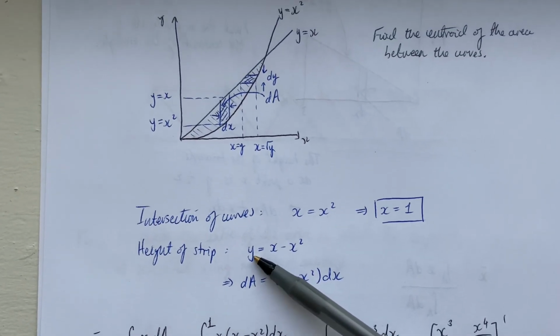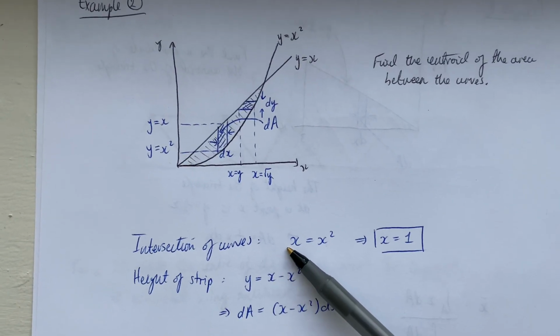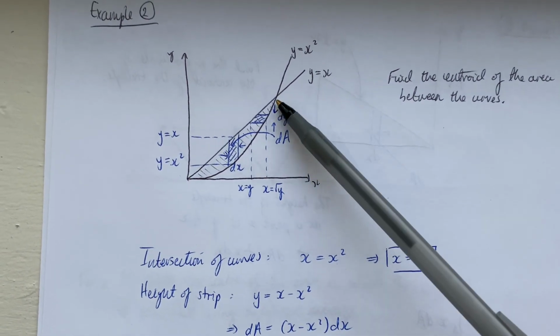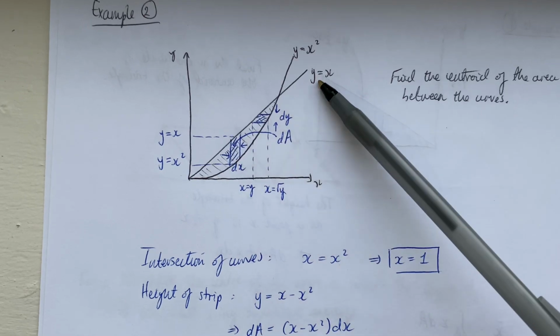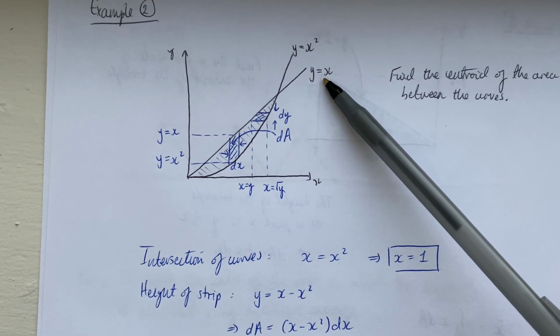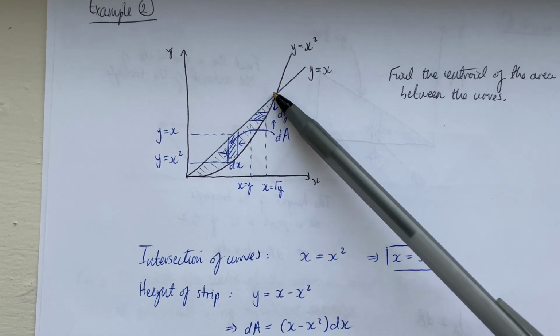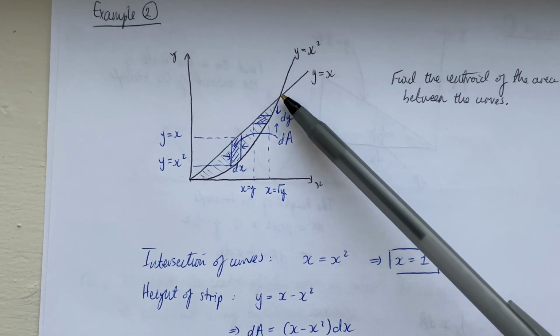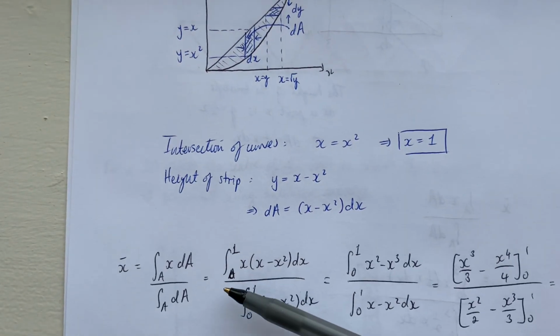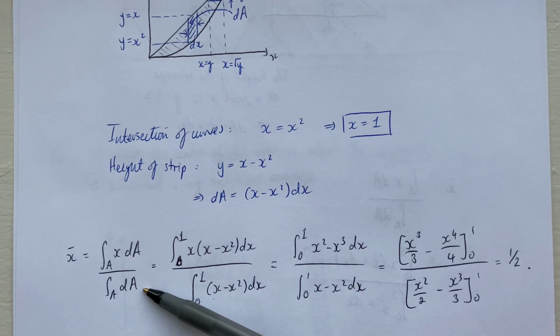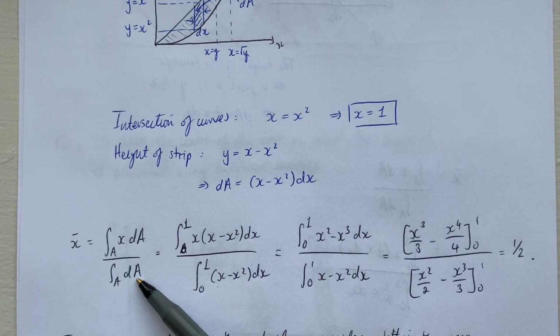So that's fine. We can go ahead now and plug all of this information in. And by the way, the two curves intersect at the point x equals 1, which is also y equals 1, right, from this. And that's going to give us the limits of our integrals. So we go ahead and plug that information into the formula as before.